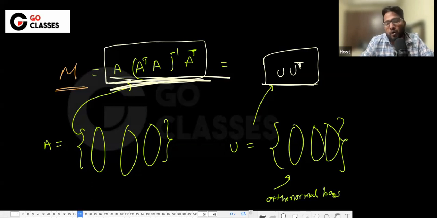What is the use of the projection matrix? Let's suppose P is a projection matrix. Then if you multiply this projection matrix to any vector B, you will be getting the projection.